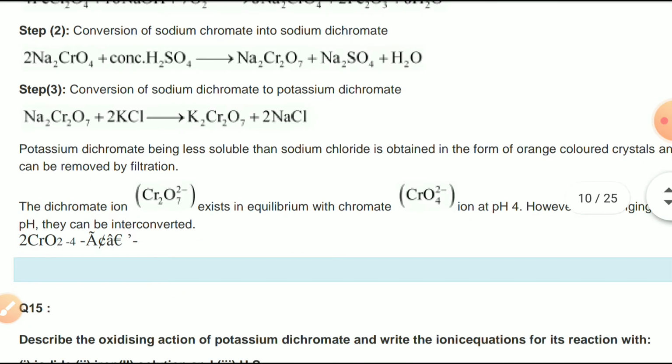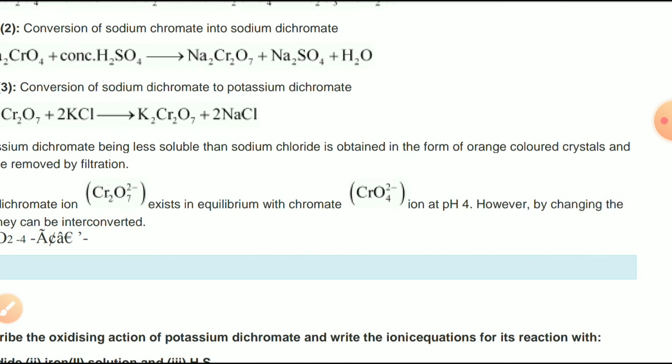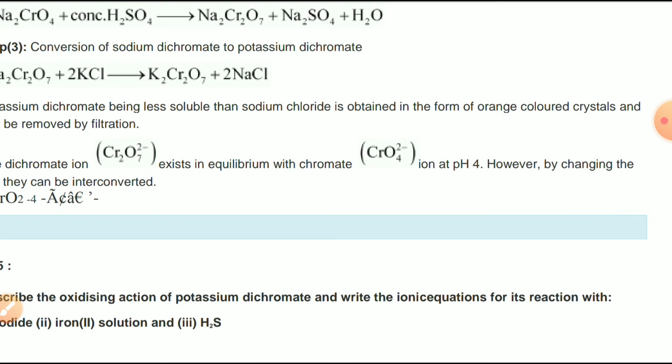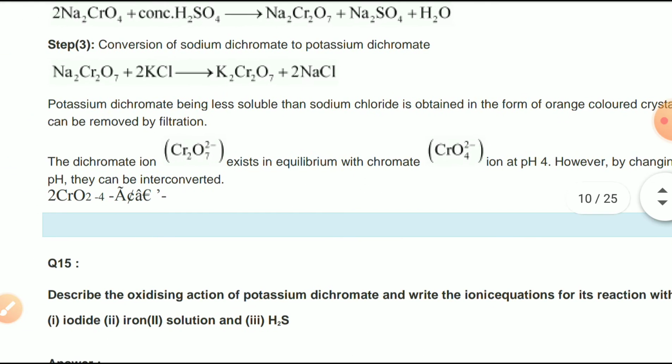Here potassium dichromate, being less soluble than sodium chloride, is obtained in the form of orange colored crystals and can be removed by filtration. The dichromate ion Cr2O7 2- exists in equilibrium with the chromate CrO4 2- ion at pH 4. However, by changing the pH, they can be interconverted.